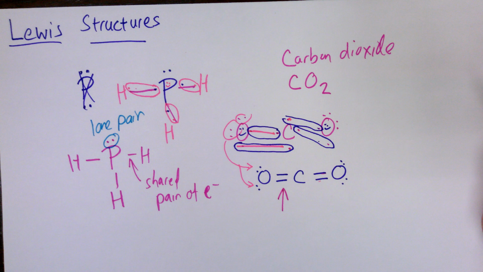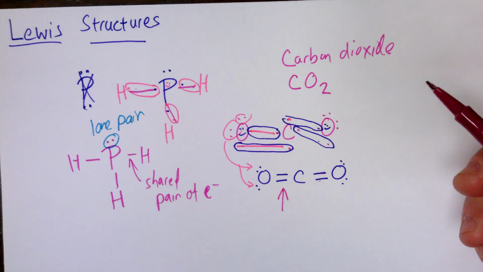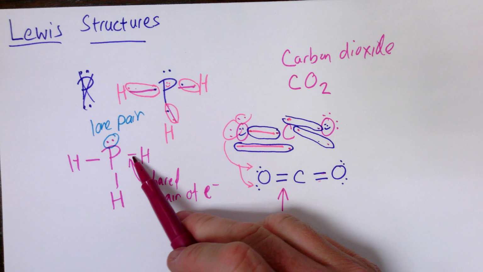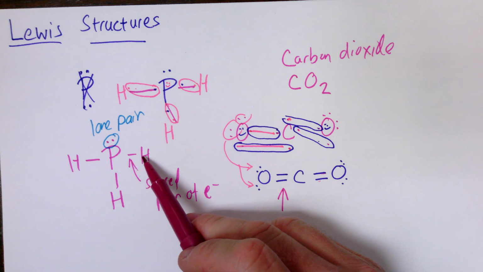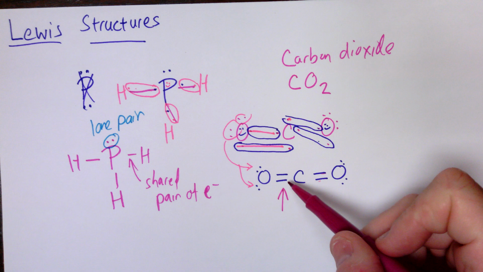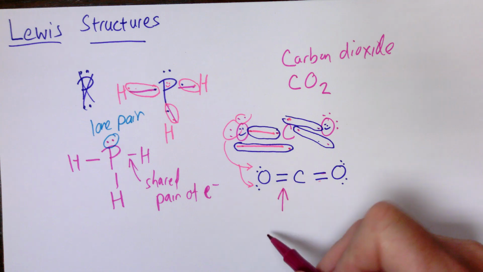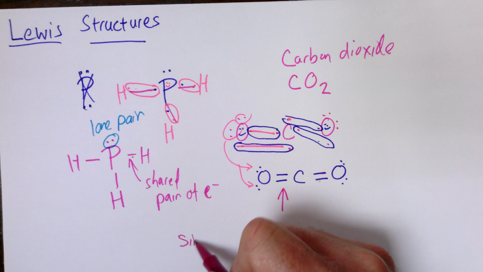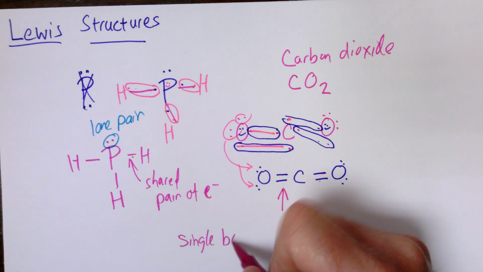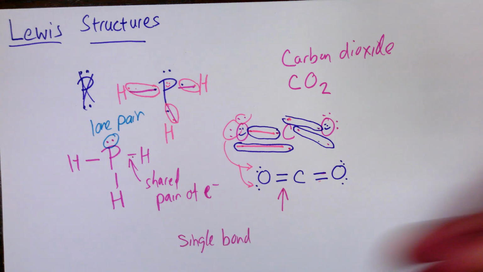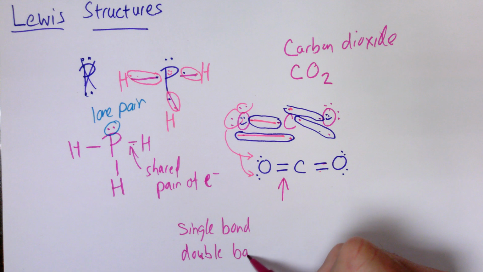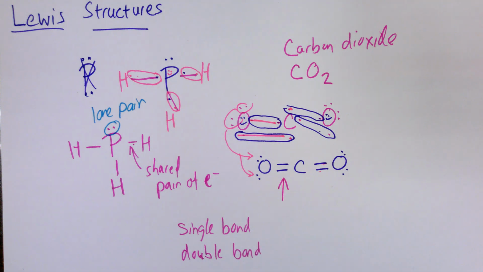Notice here we've got 2 shared pairs between the carbon and the oxygen, whereas over here we only had 1 shared pair. We denote these differently. When we have 1 shared pair, we call that a single bond. This over here would be a double bond.